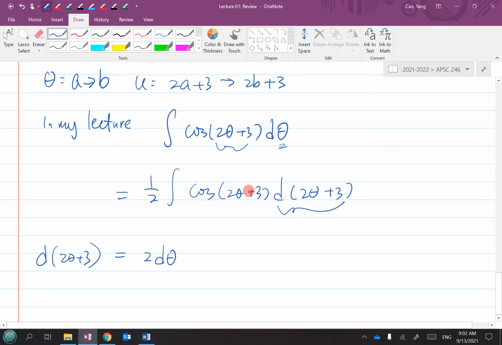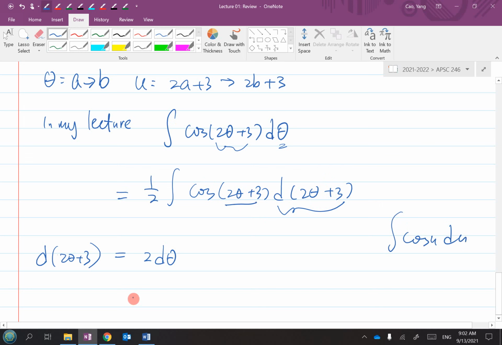So that's the way of substitution, more or less the same as substitution. But by doing this, both the variable inside the bracket for cosine and the quantity inside the bracket for the d become the same. Essentially, it's like cosine u du. It's the same variable now.